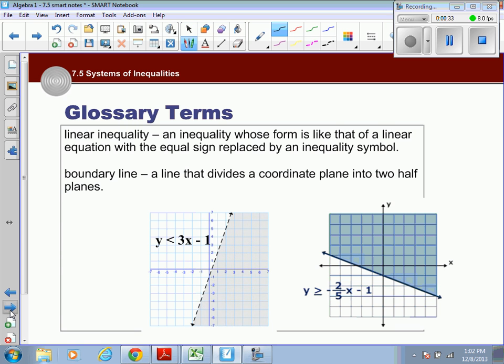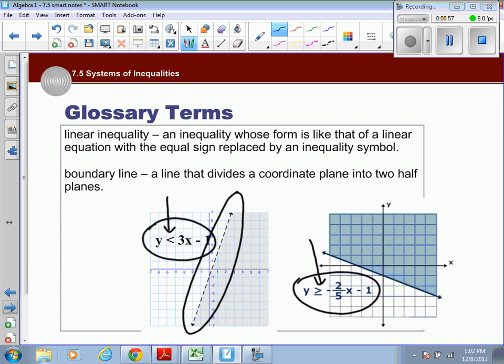So if you look, that's a linear inequality, and this is a linear inequality. Notice how they both have inequality symbols instead of the equal sign. And with that, the next definition, a boundary line. As you can see, this would represent the boundary line for that linear inequality.